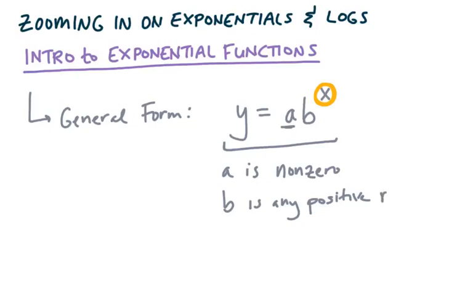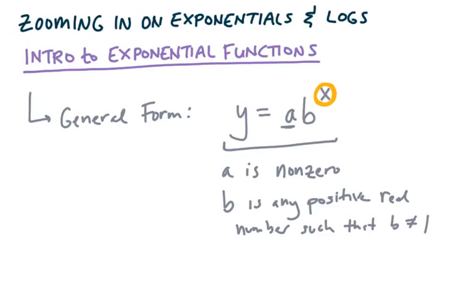So b is any positive real number such that b does not equal 1. So those are just the conditions to keep this model exponential, right? If some of those conditions are not met, we just end up reverting back to a function type that we've already studied. So those conditions will keep it exponential.